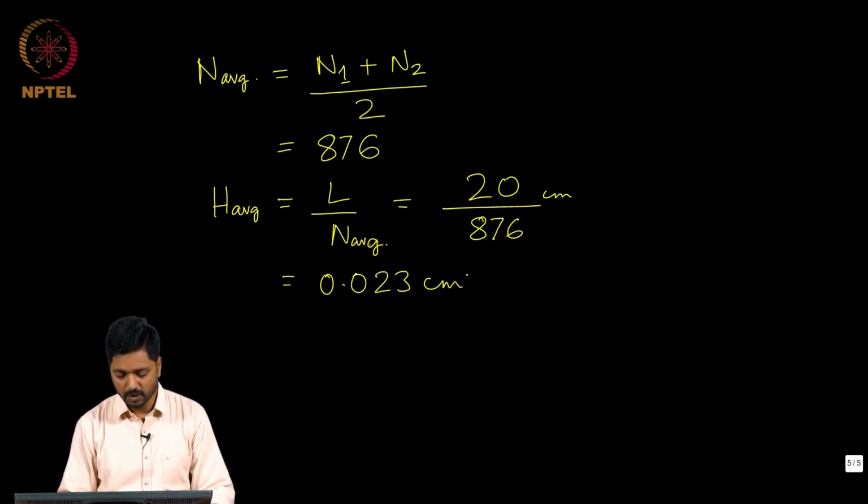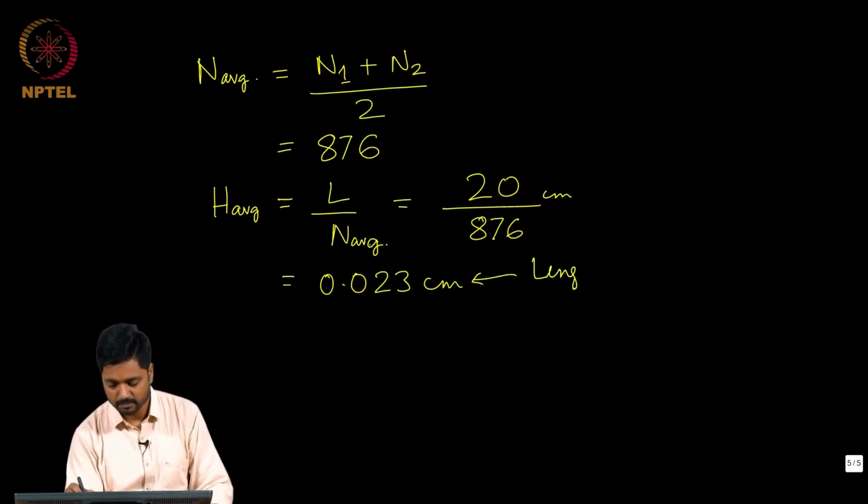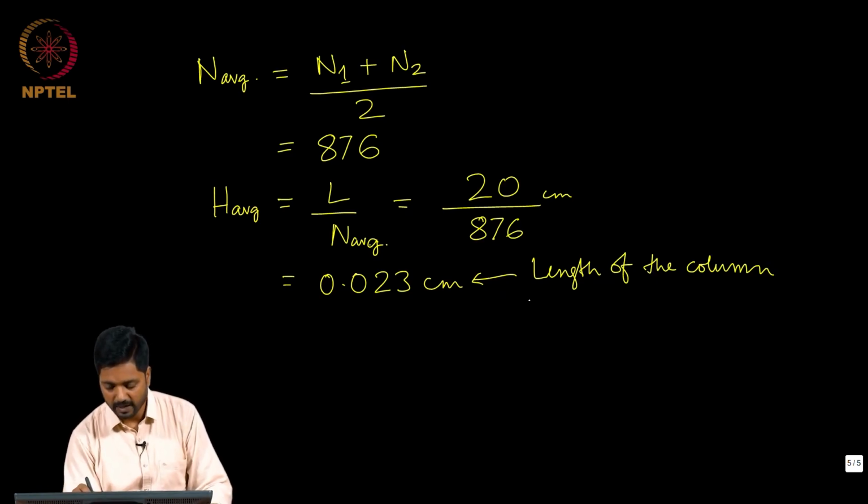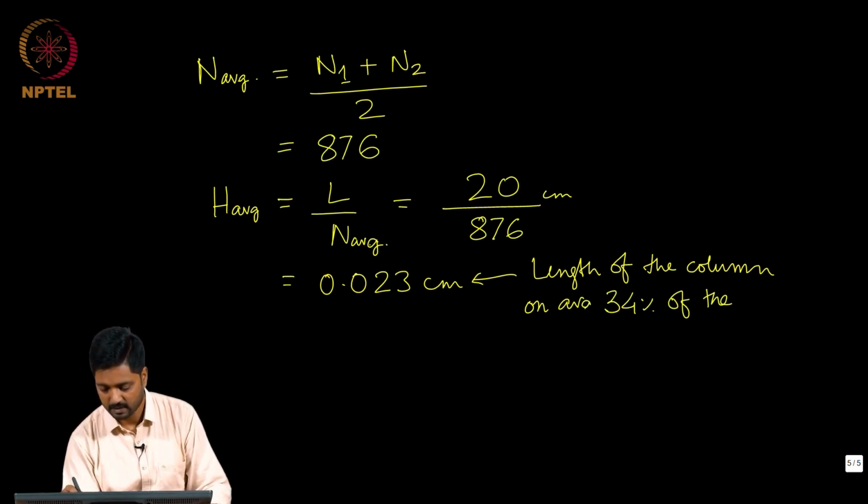So, in other words, this is the length of the column that contains on average 34% of the analyte.